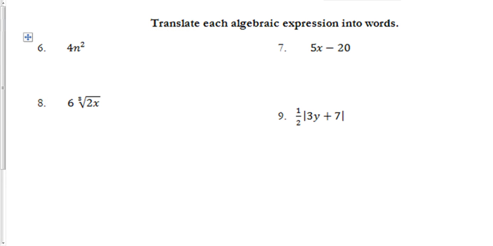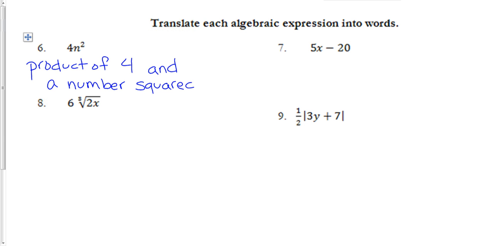All right, still translating, but here we're going from algebraic expressions back into words. So number 6, we have multiplication here. So this would be the product of 4 and a number squared.